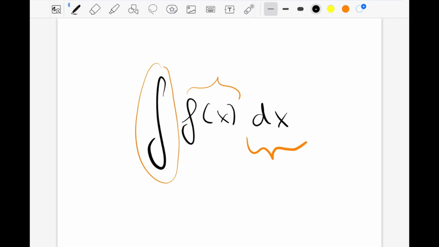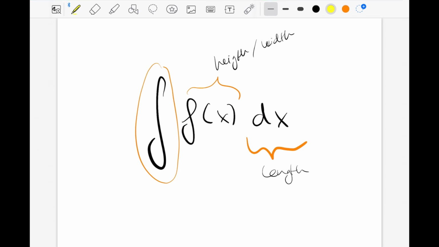Where this is, for example, the height or the width, and this is like the length. But what does this symbol over here mean? Well, this is just a summation symbol. Don't forget that this integral symbol is just a summation symbol.